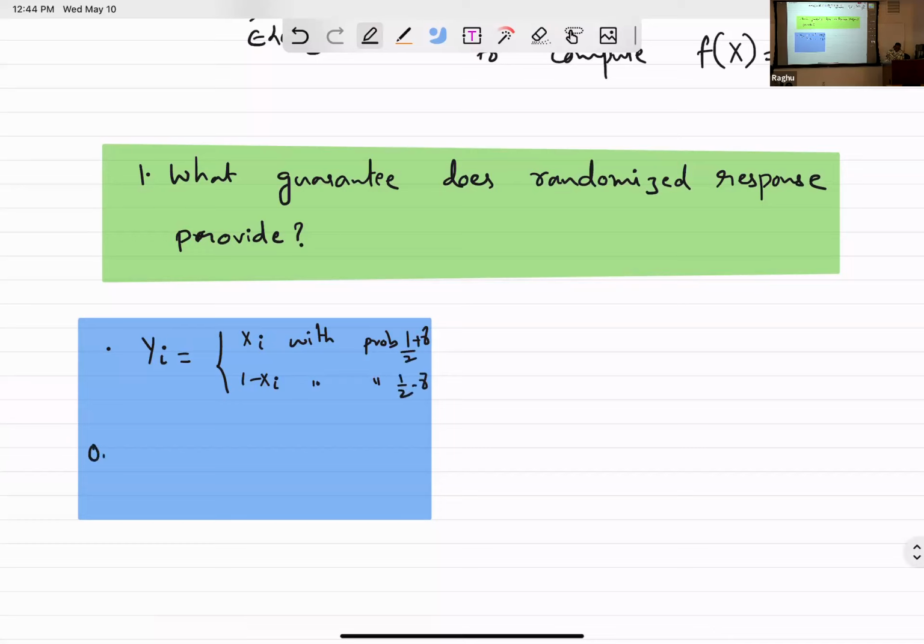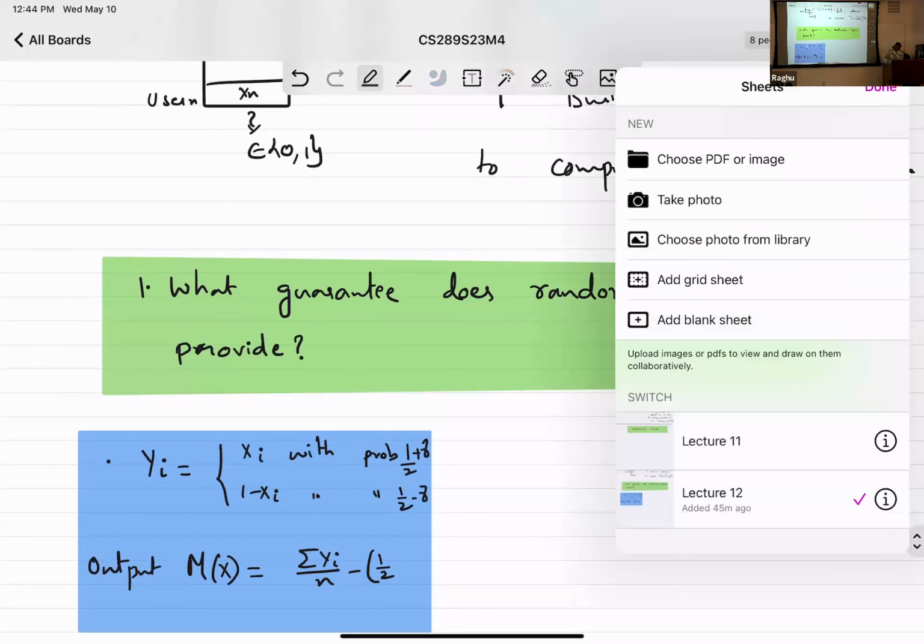Then you output f bar of x, which is whatever we had from the last lecture.